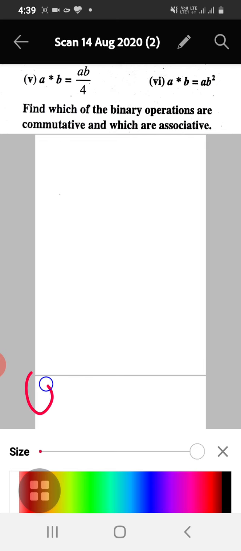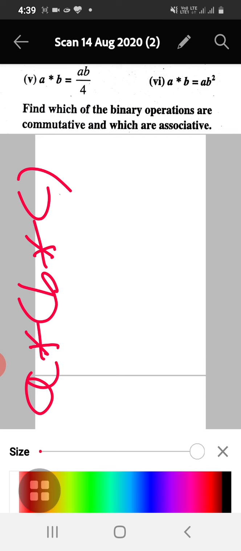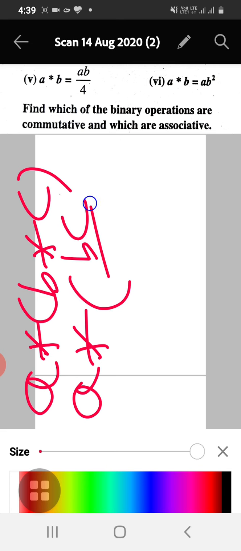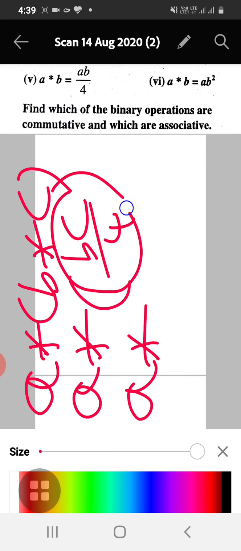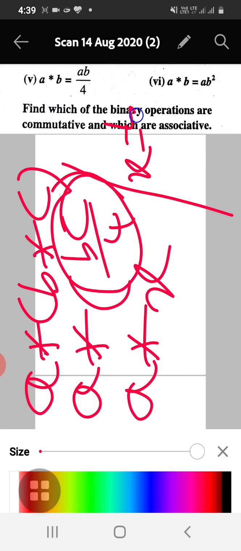I will consider one side here, (a star b) star c. You can consider either LHS or RHS. So here b star c means bc by 4. Then you treat this whole thing as say x. What is x? x is bc by 4.